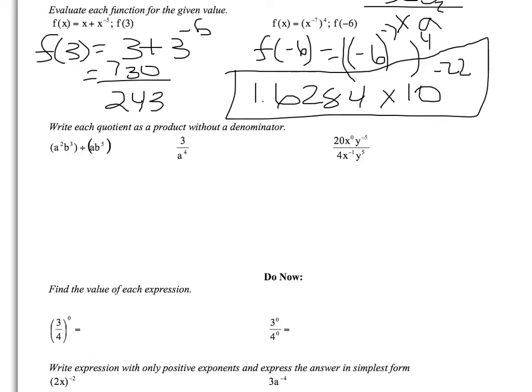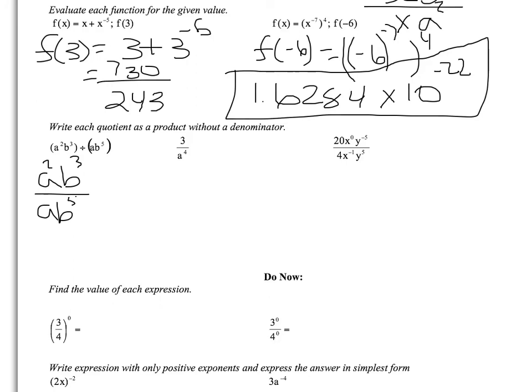Now this last piece, you don't see this on the Regents too much because they like positive exponents, but the directions here say write it without a denominator. So it doesn't matter if you have positive or negative exponents, as long as you don't have a denominator. For this first problem, I'm going to do the division. So it's going to be a squared b cubed over ab to the 5th power. What I just said earlier, when you divide, you need to subtract exponents.